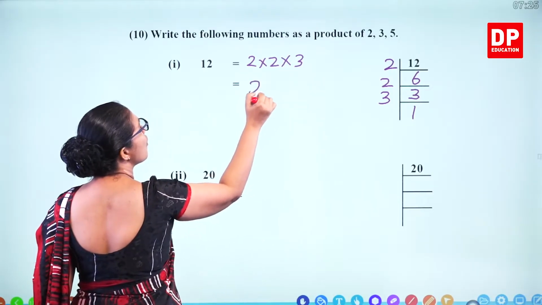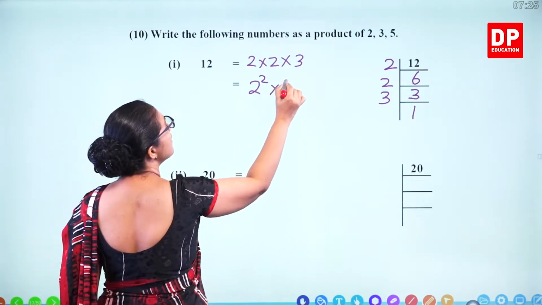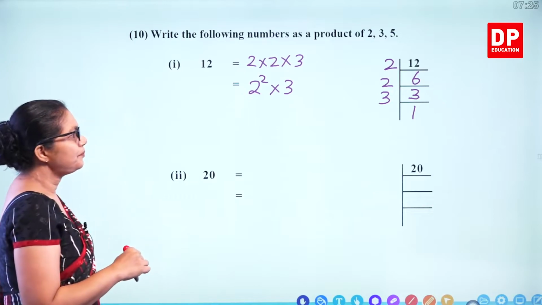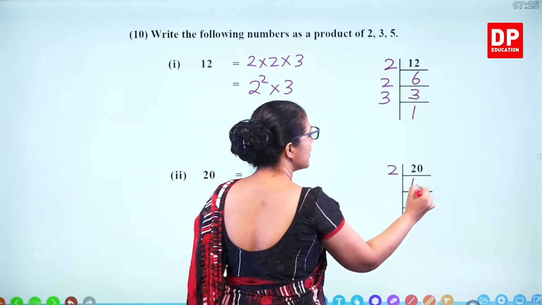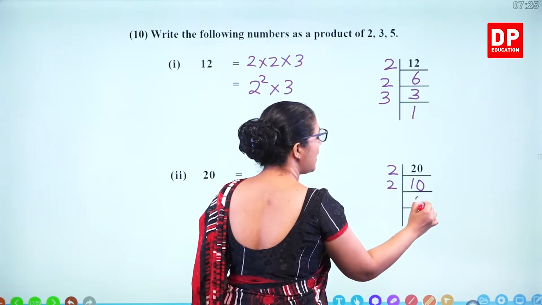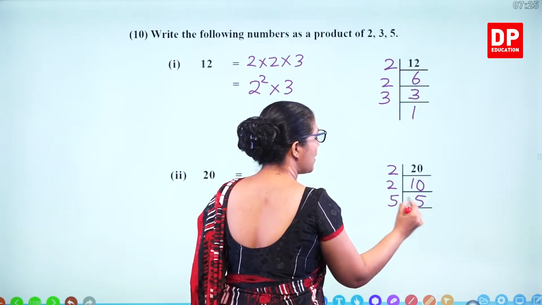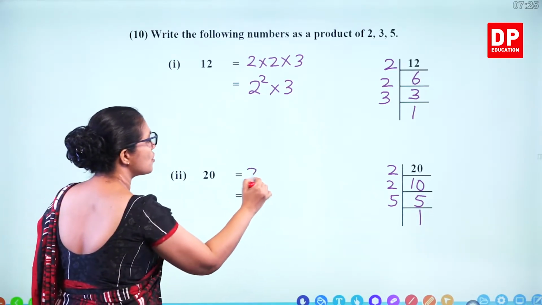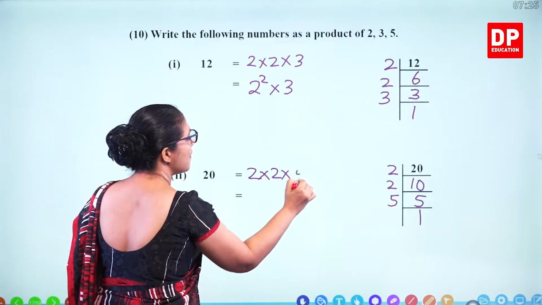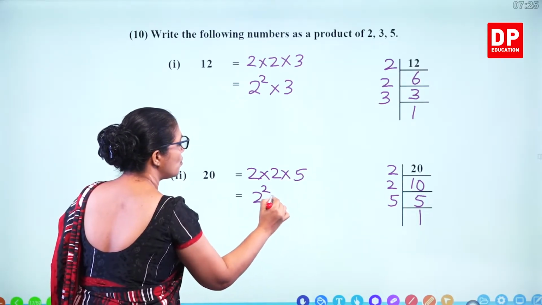So 2 to the power of 2 and 1, 3. 20. You can divide by 2 first. You get 10. Divide by 2 again, you get 5. Now you can divide by 5. You get 1 there. 2 times 2 times 5. 2 to the power of 2 and 5.